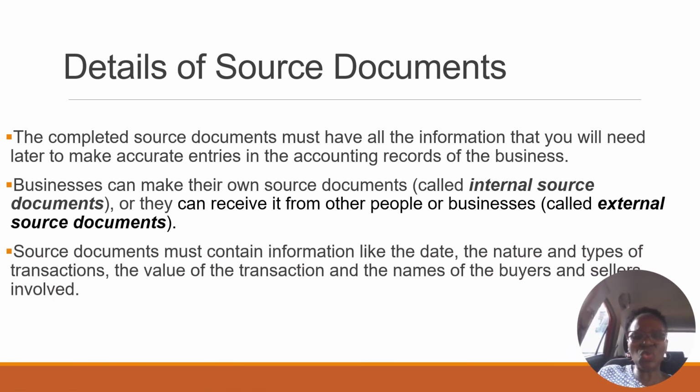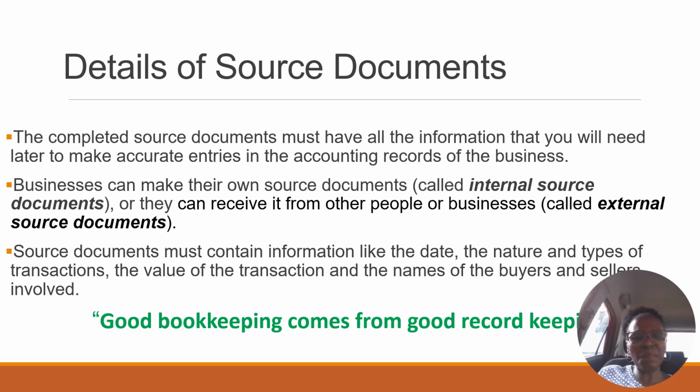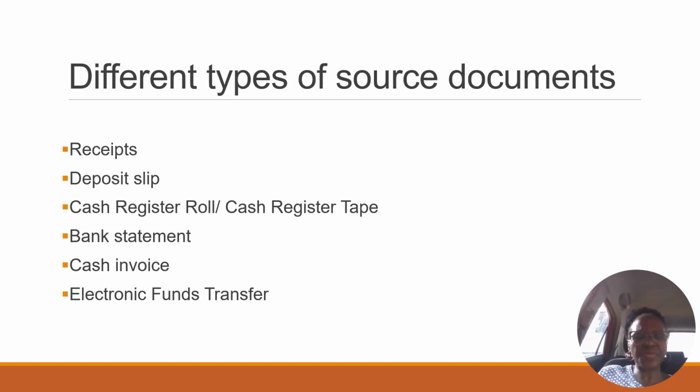Source documents must contain information like date, the nature and type of the transaction, the value of the transaction, and the names of the buyers and sellers involved. Remember, good bookkeeping comes from good record keeping.